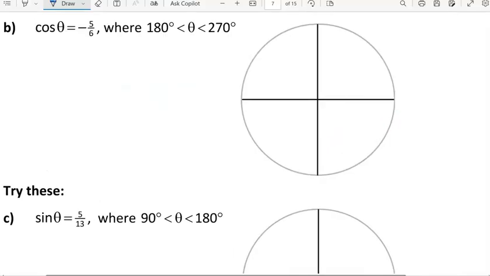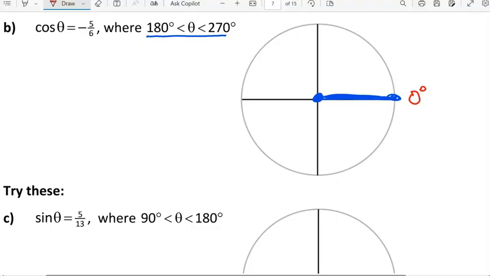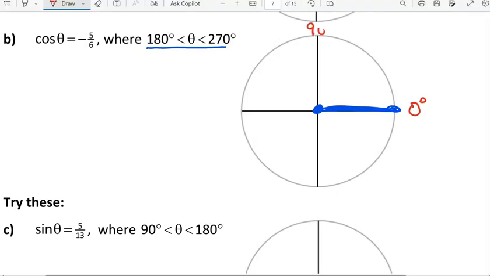In B, we have an angle that has a value that is somewhere between 180 and 270 degrees. So again, our initial side is on the x-axis, and if we think about 0 degrees being represented by the initial side, 90 degrees if we rotate up to the positive y-axis, 180 degrees if we rotate to the negative x-axis, and 270 degrees if we rotate one more quadrant.